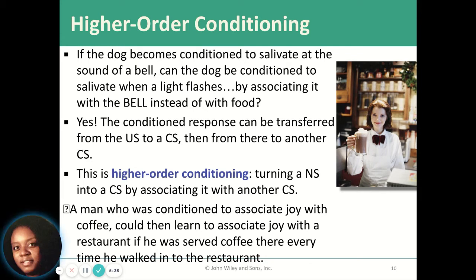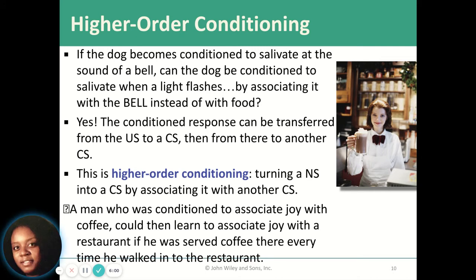There's also something called higher order conditioning. And when we have higher order conditioning, we are able to take what used to be our neutral stimulus that became our conditioned stimulus, and we can pair it with another thing we've also conditioned.